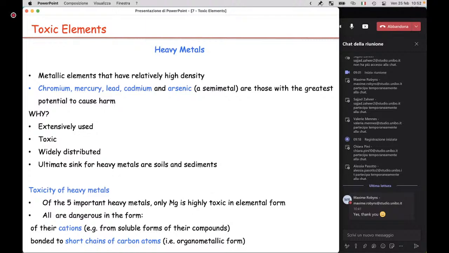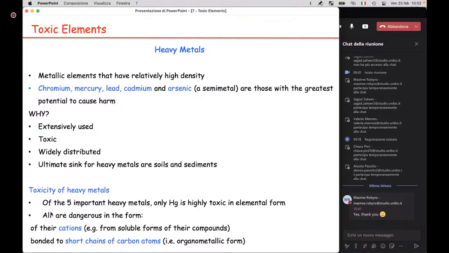Mercury is toxic as an element itself, so a metal, okay? You may remember that mercury is a liquid metal, and it is toxic in its metal form, its liquid metal form.